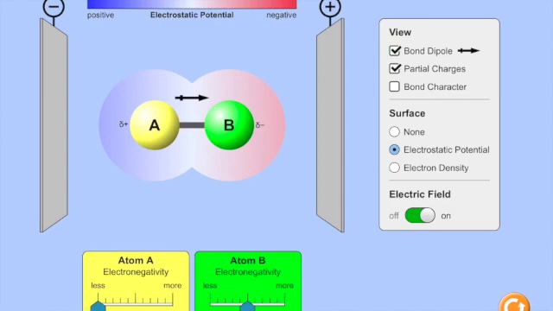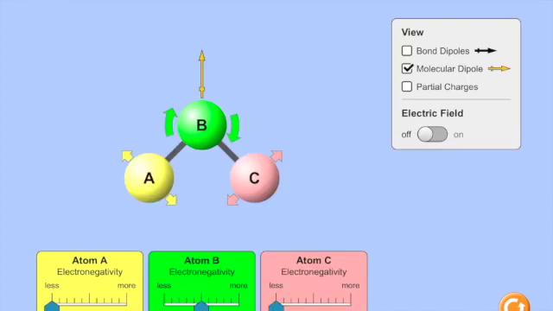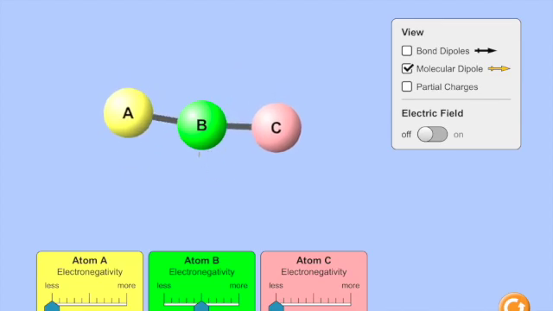Now let's take a look and see what happens when I go to 3 atoms. Reset. I'm going to set it this way.